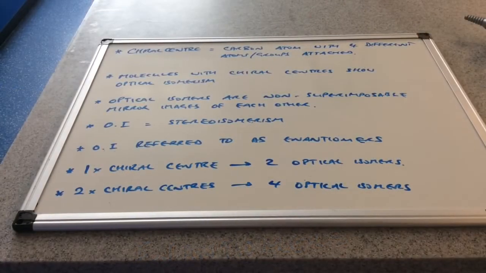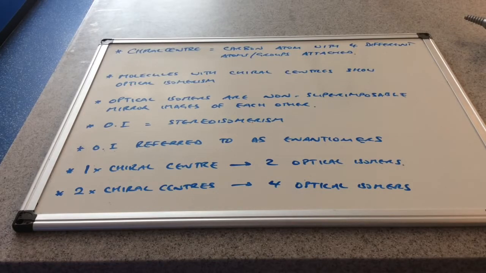We'll just finish off with this summary board. So a chiral centre is a carbon atom with 4 different atoms or groups attached. Molecules with a chiral centre show optical isomerism. Optical isomers are non-superimposable mirror images of each other. Optical isomerism is a form of stereoisomerism, so they have the same structural formula but different arrangements of the atoms or groups in space.